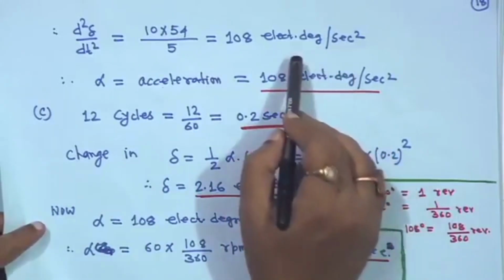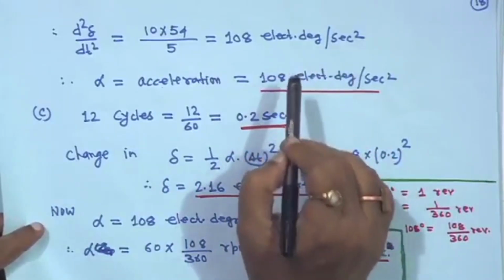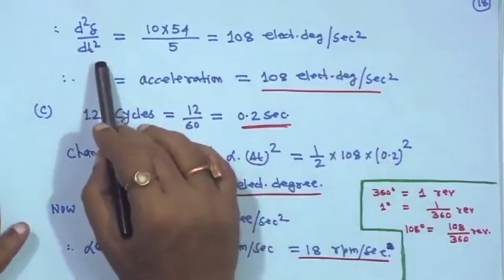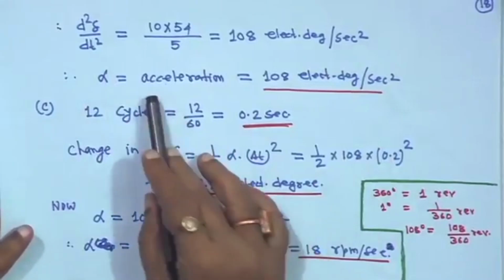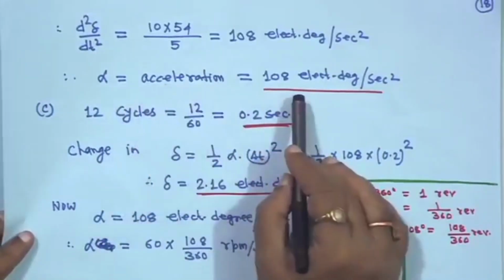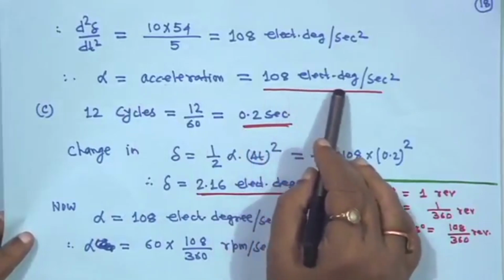This is the acceleration, because d square delta by dt square is the acceleration. So, alpha, we define the acceleration, is equal to 108 electrical degree per second square.